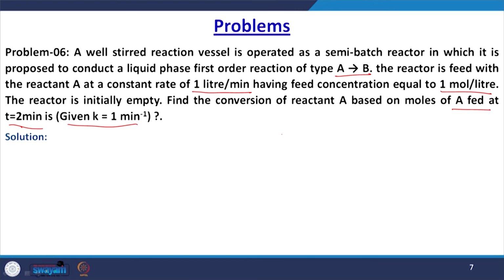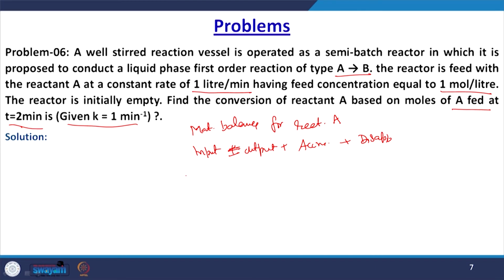So first here we need to write the material balance for reactant A. Material balance for reactant A: input is equal to output plus accumulation plus disappearance.